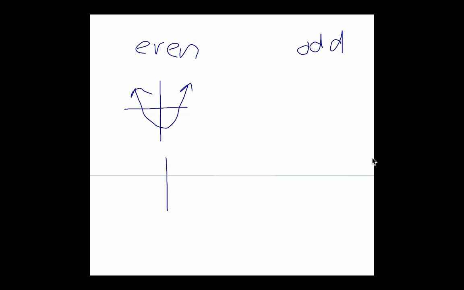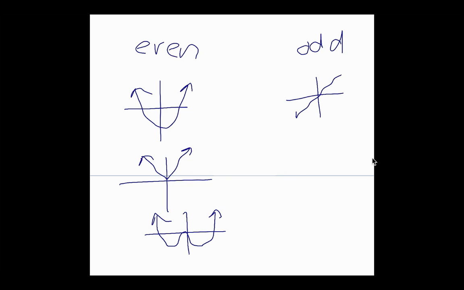And then while I'm doing some extra stuff here, I wanted to run you through some even and odd situations. So an even function, like I said, would be a quadratic. An even function would be an absolute value. An even function would be our x to the fourth polynomial, and things like that, versus, like I said, odd is going to be our linear function, and it's going to be our cubic function.